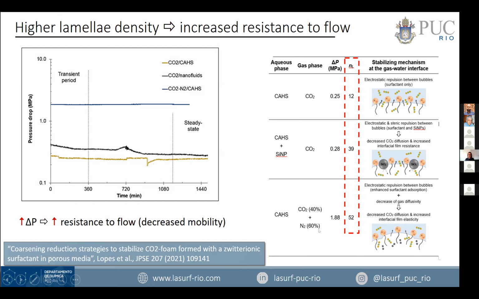It's actually injecting a gas mixture. In this case, we used nitrogen to simulate, as an equivalent for methane, which is the gas used in this mixture. So we wanted to see what happens. This is like the worst case scenario. The real scenario is going to be this one here. And you can see that there was a great increase and a great increase in the density of lamella.